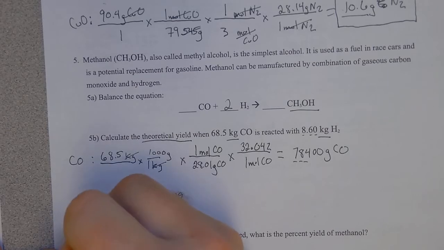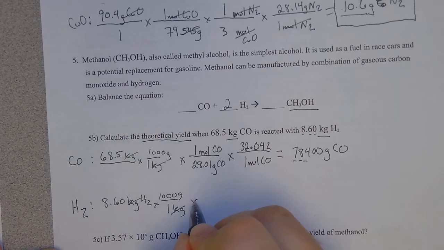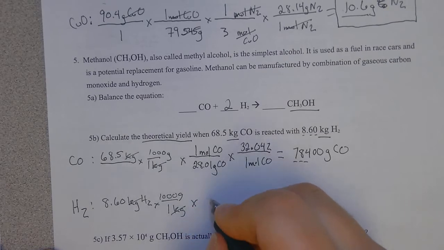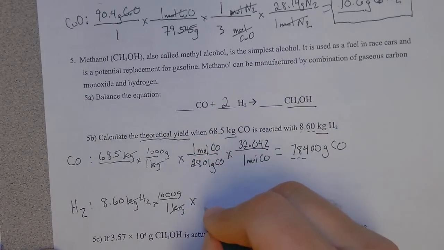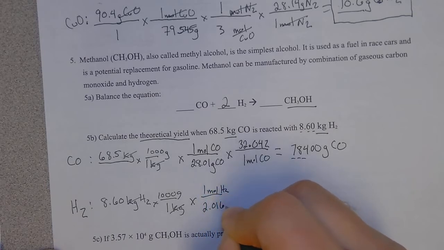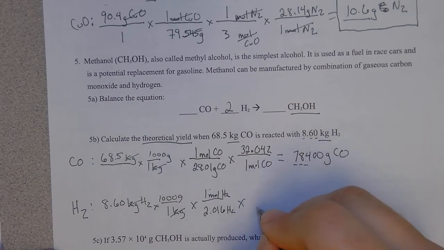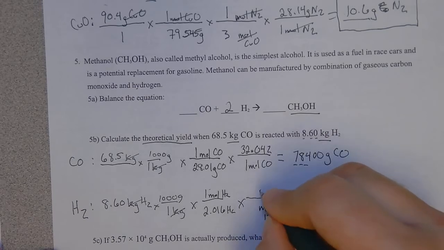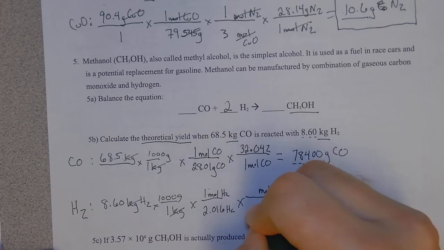I need to do the same thing for hydrogen, which means I've already converted it into grams, so now I can get out of grams and into methanol. So I need to get out of grams by doing the molar mass of H2. That'll give me 1 mole of H2, right? Then I can get out of moles of H2 and into moles of carbon monoxide by the molar ratio, which is 2 to 1.